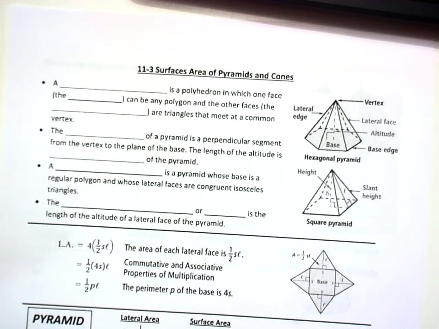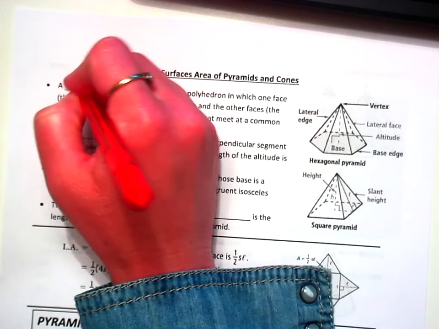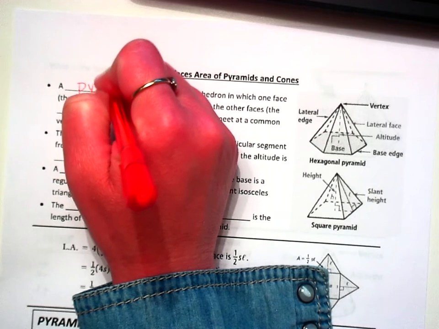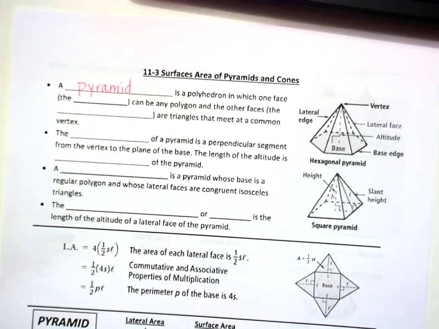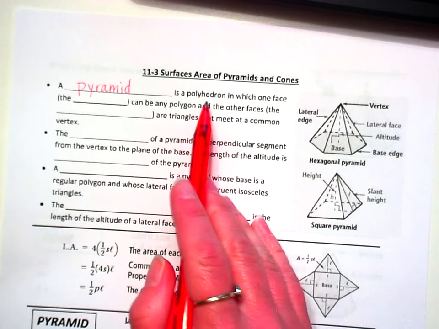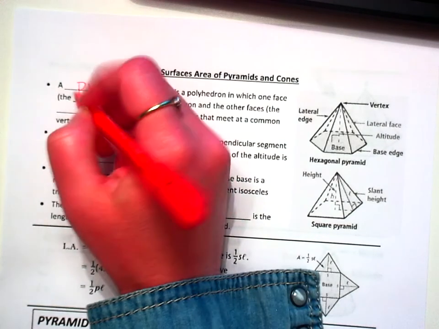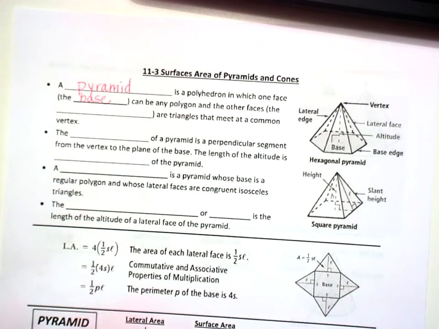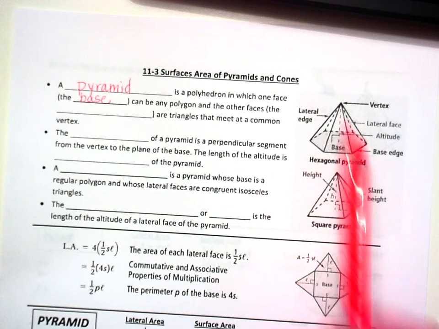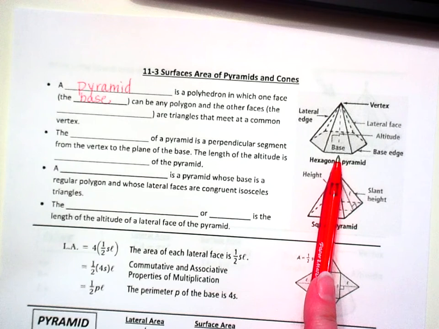First we're just going to define a pyramid. Okay, so a pyramid is a polyhedron, that's just like a three-dimensional shape, in which one face, the base, can be any polygon. So, for example, in this pyramid, our base is a hexagon.